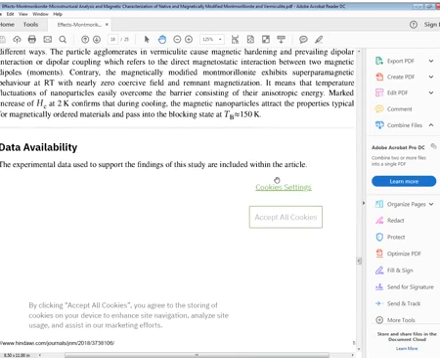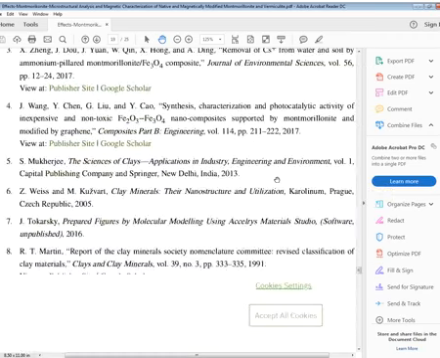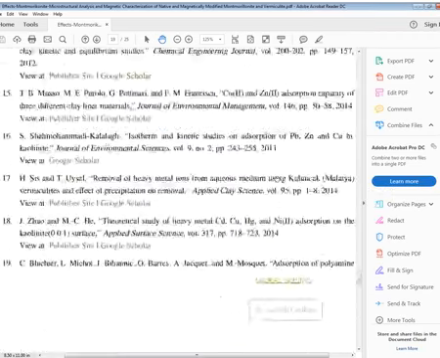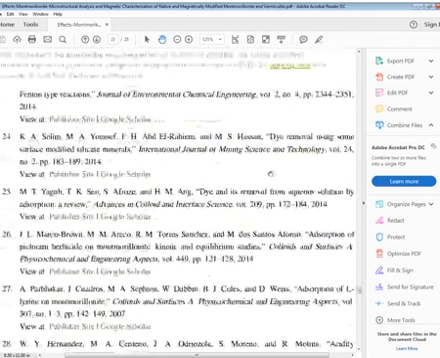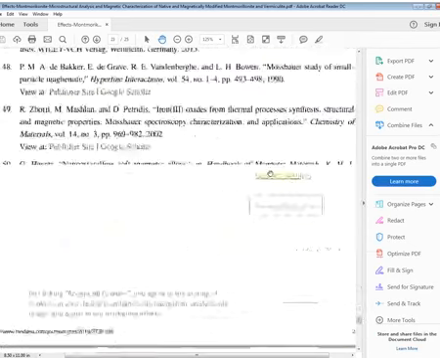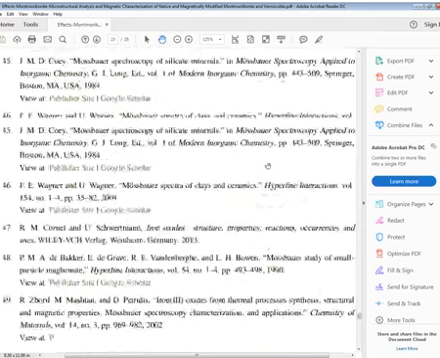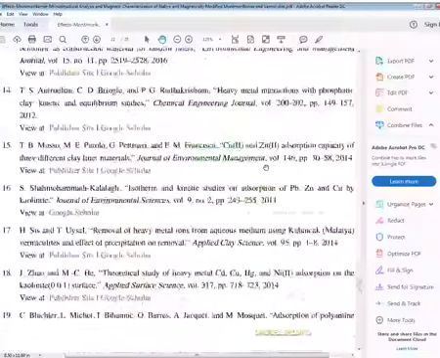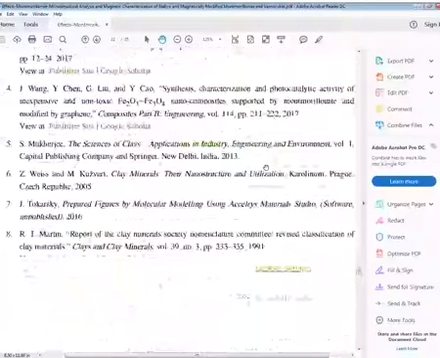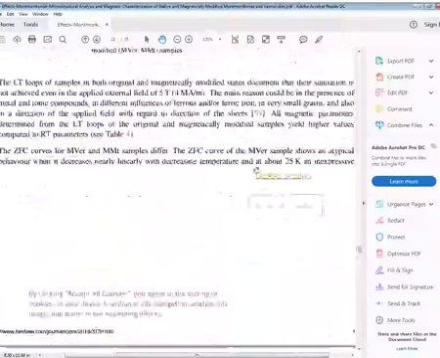Data availability: experimental data used to support findings of the study are included within this article. And these are references, various references the author has taken, and I'm just trying to show you that there are so many papers and all that. There is nothing to do with this talk. I'm just moving back to show you, because I had to finish this screen share now.